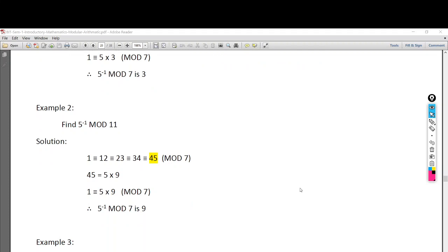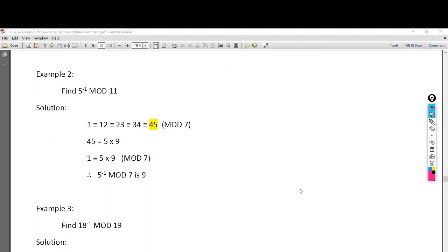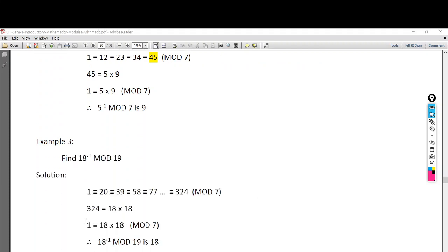I have given another example like that. You can start with 1, then add another 19, another 19, another 19. Still 18 is not a factor, but ultimately you will find a factor: 324. Yes, 324 is divisible by 18. Therefore you can say that 324 is 18 into 18.